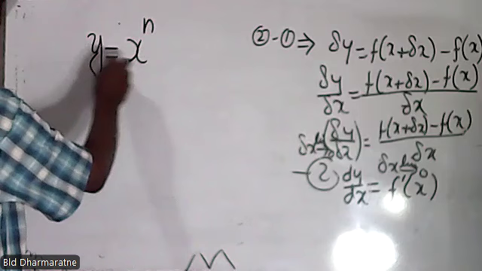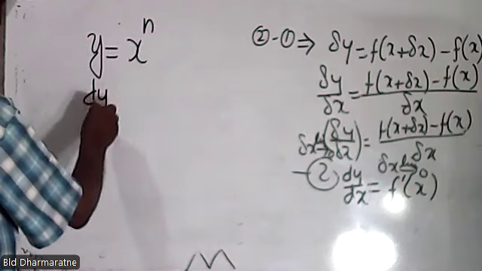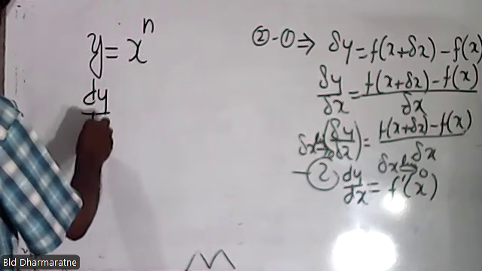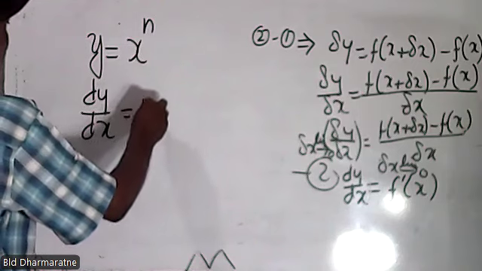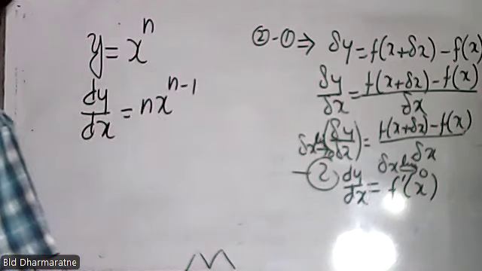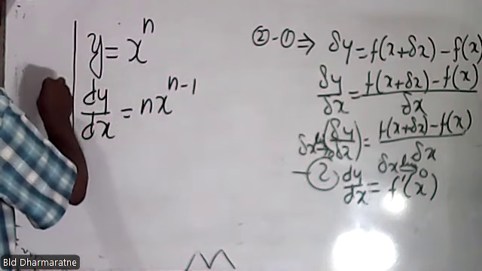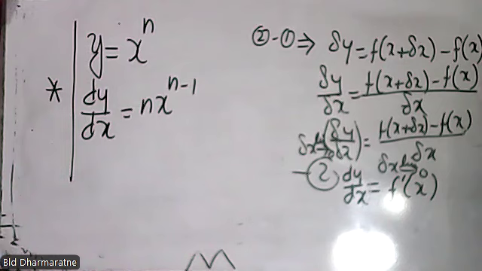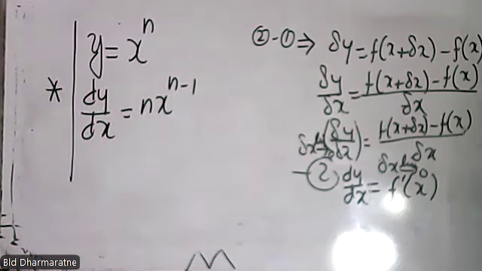Now differentiate this function: dy by dx equals n times x to the n minus 1. Very simple, but this goes very deep, with so many theories. y equals x^n, dy by dx equals n x^(n minus 1).